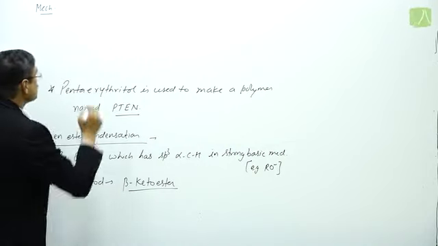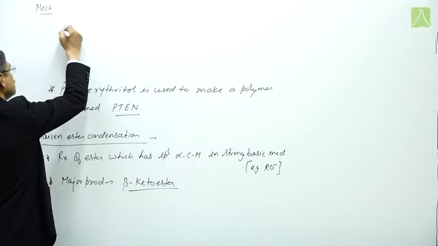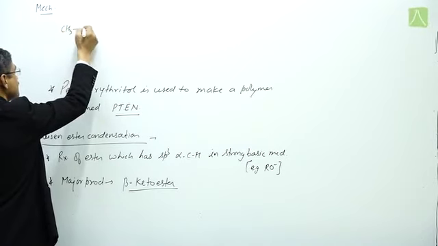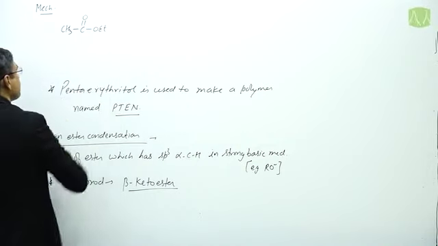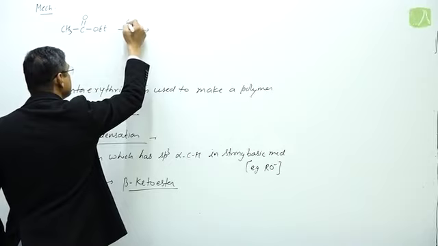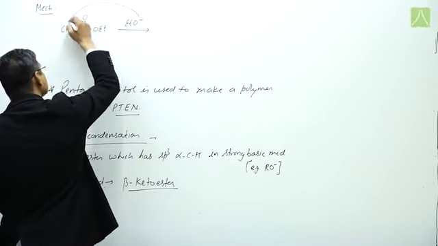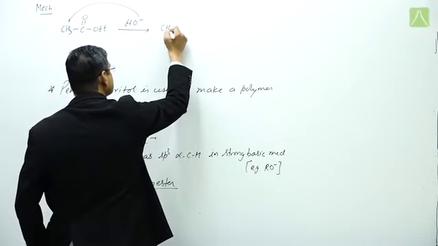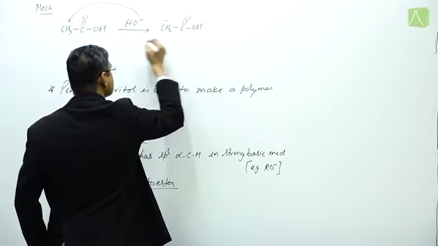Please look at. I take the ester CH3COOEt. In basic medium, suppose EtO minus is taken. So, alpha H is removed. So, the first reaction is the same acid-base reaction.